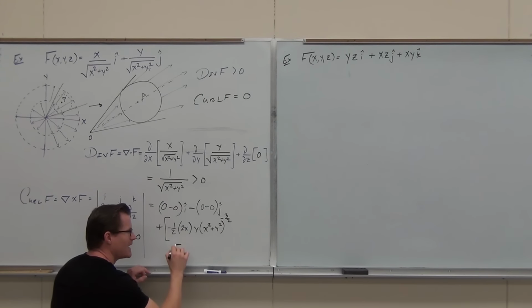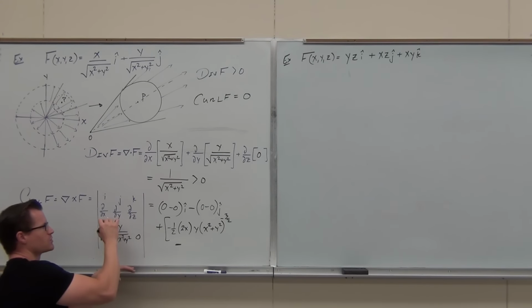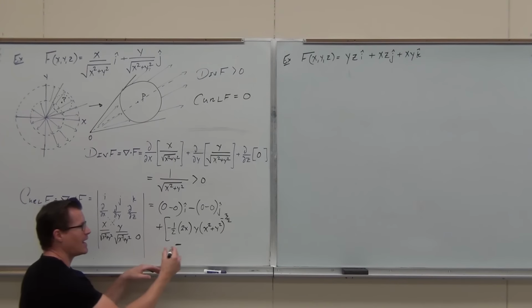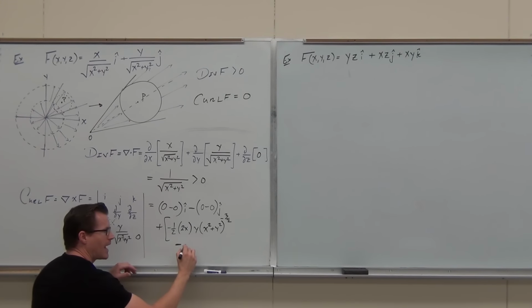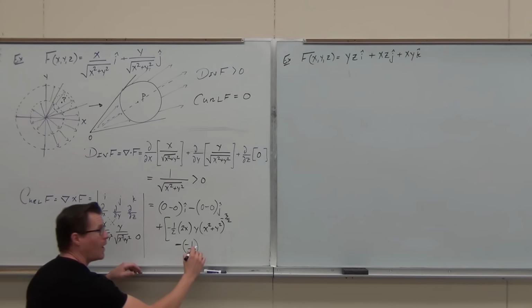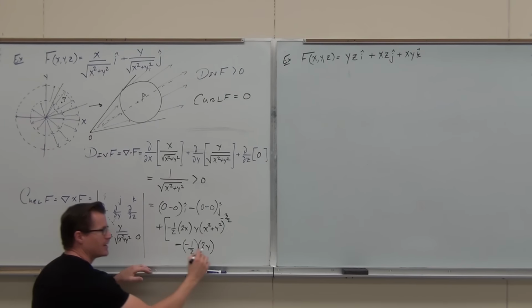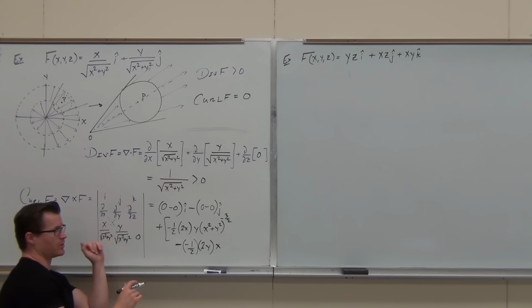Then I'd have a minus, and I do the partial. The partial derivative of this with respect to y is the exact same thing. You have a negative 1/2. You have a 2y by the nature of the chain rule. Then you have an x, because that's not a variable, it's a constant.